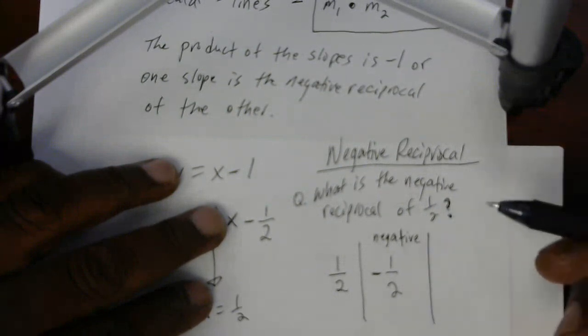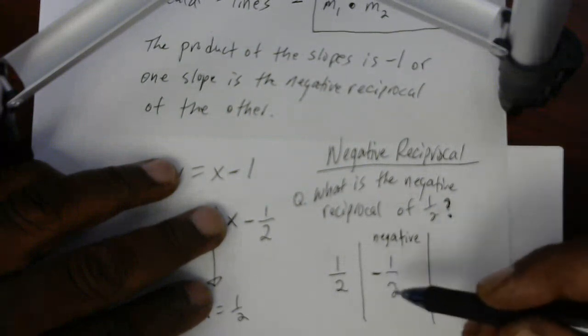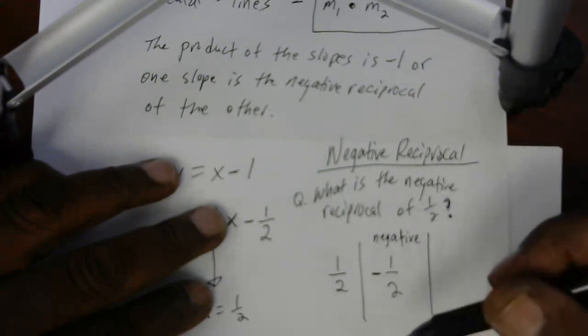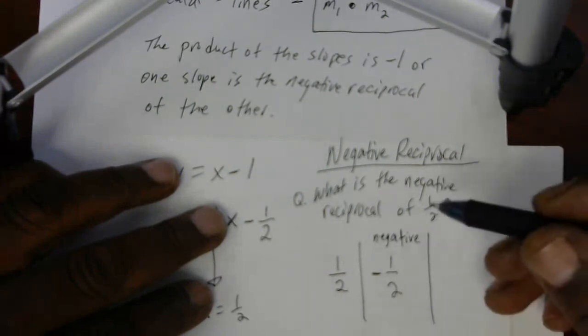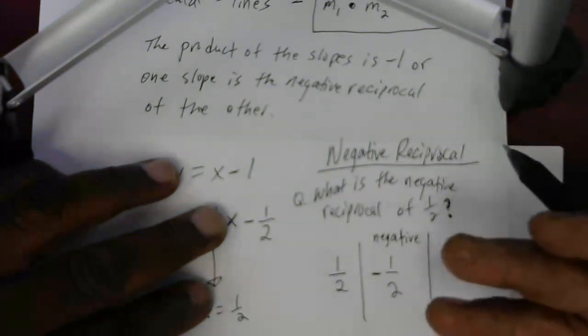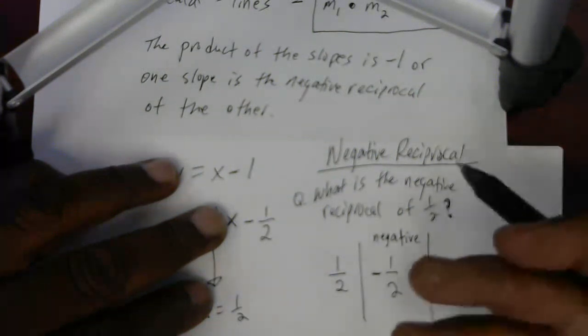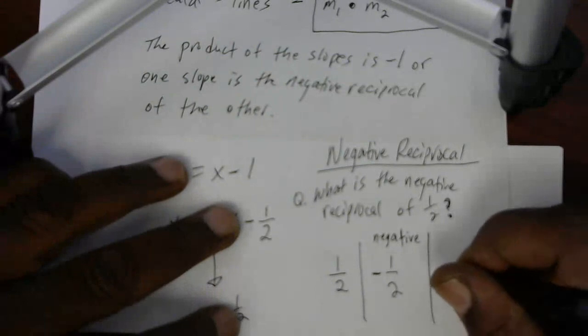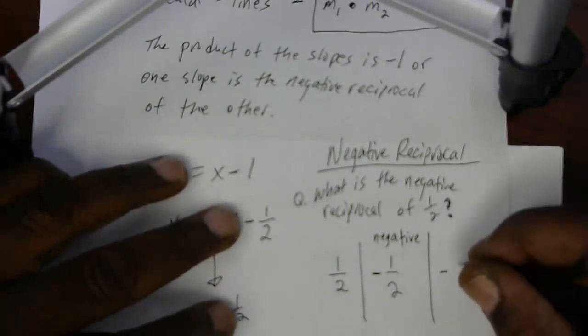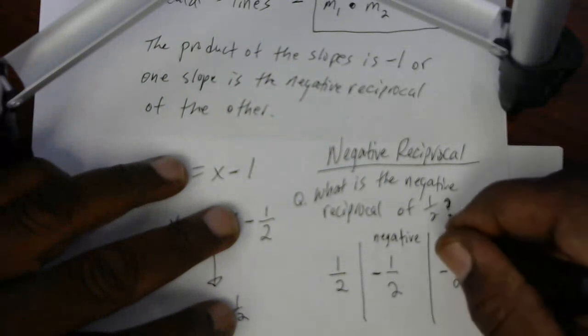And now I'm going to take the reciprocal. So the reciprocal means you just flip it over. The numerator becomes the denominator and the denominator becomes the numerator. But your sign is going to stay the same. So if I reciprocate 1/2, I get 2. If I reciprocate negative 1/2, I get negative 2.